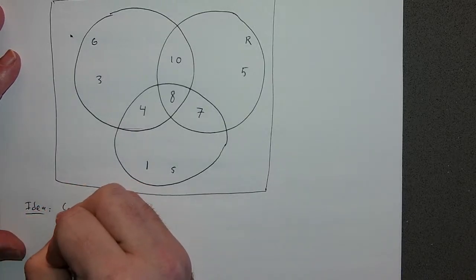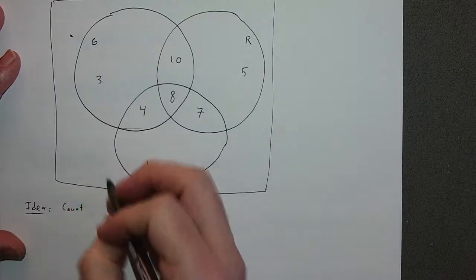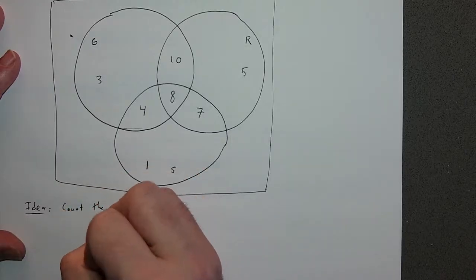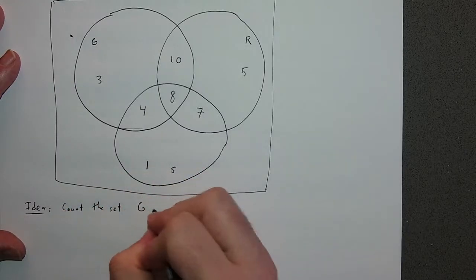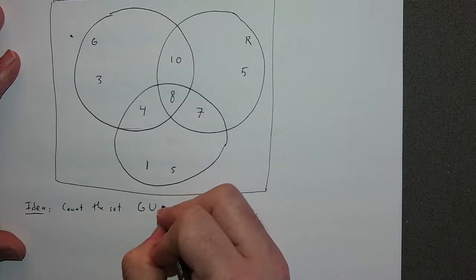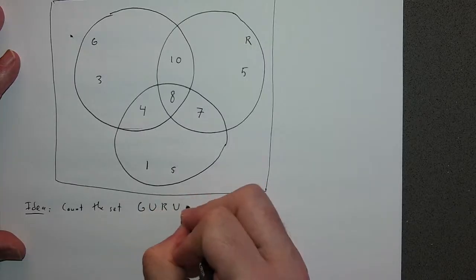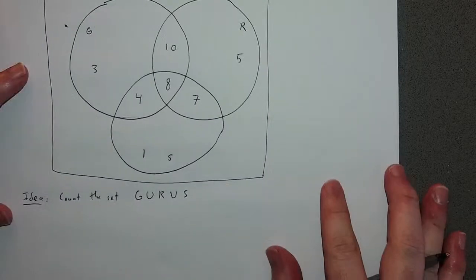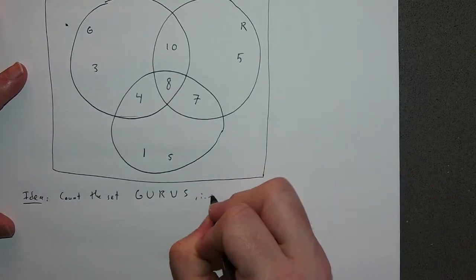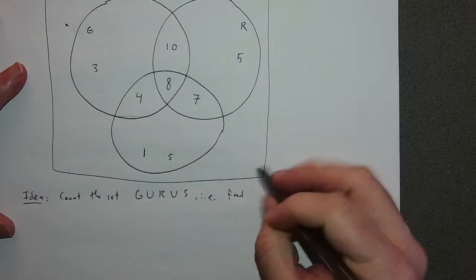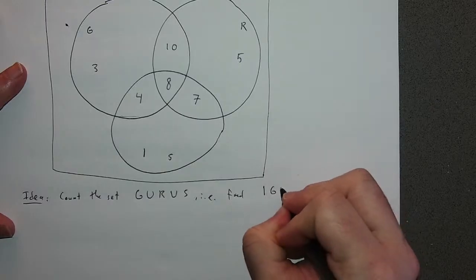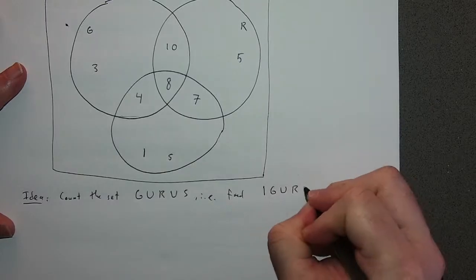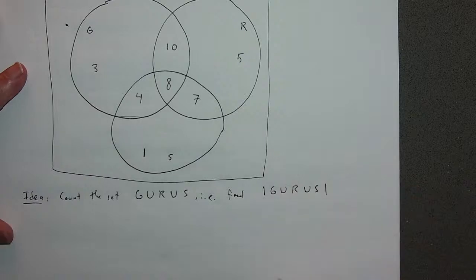The idea is count the set G union R union S, i.e., find the cardinality of G union R union S. What is the immediate problem with this?